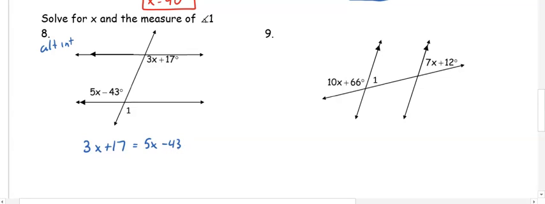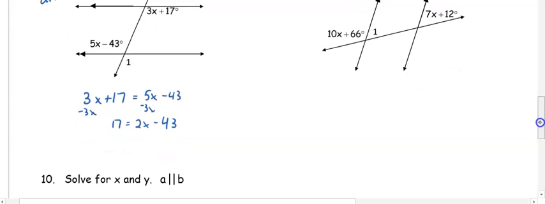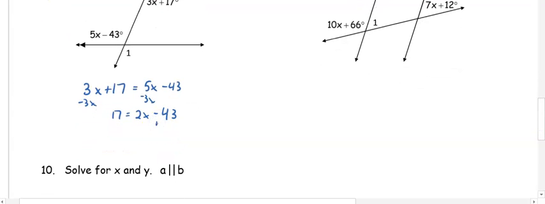Our first step then is we can subtract 3x from both sides. 17 equals 2x minus 43. We can add 43 to both sides. And we get 2x is equal to 60. We divide by 2, x equals 30.